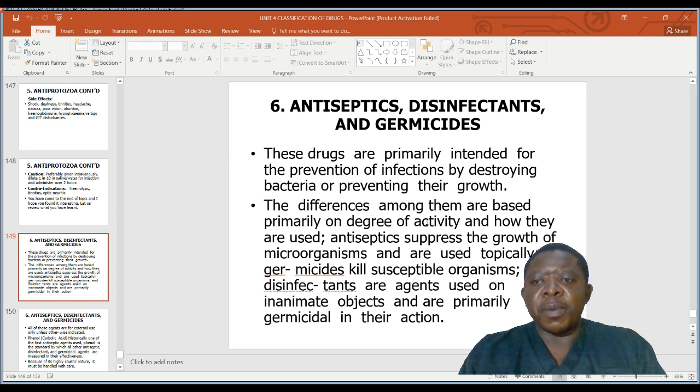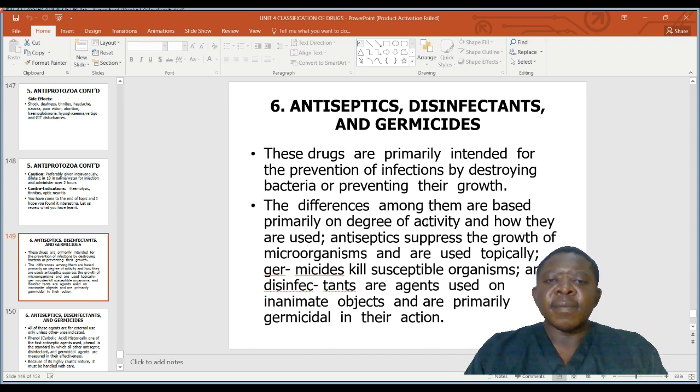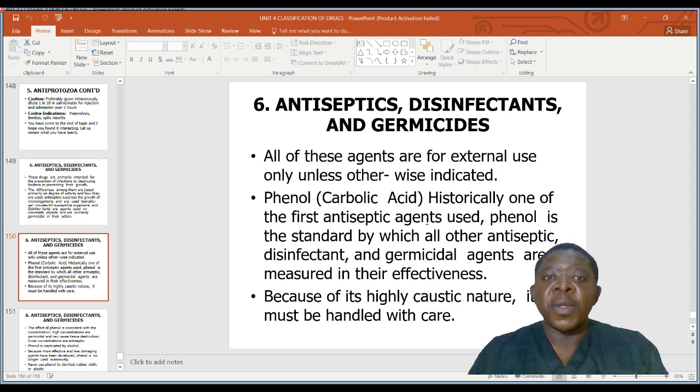Antiseptics suppress the growth of microorganisms and are used topically, that is on the skin or mucous membrane. All of these agents are for external use only unless otherwise indicated.